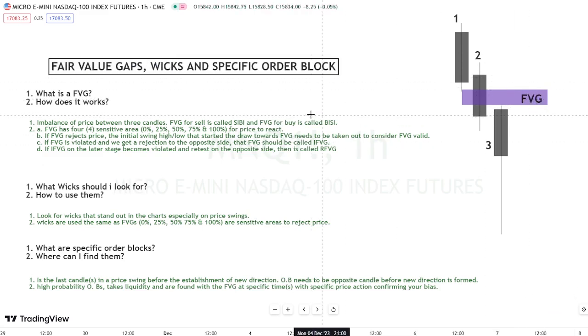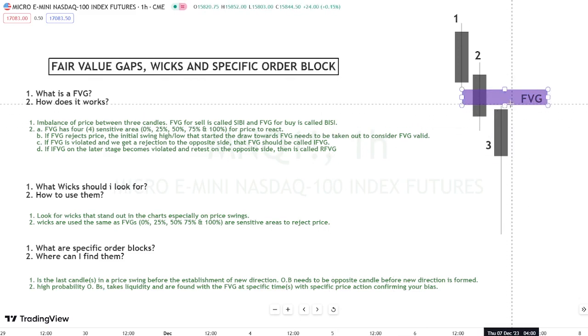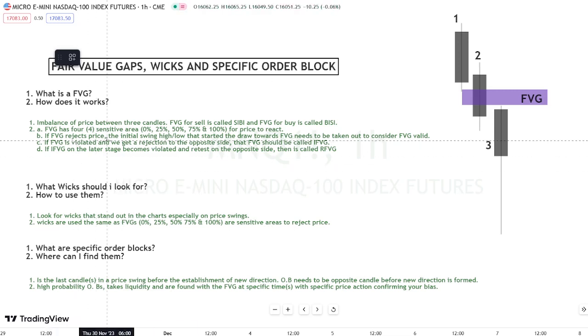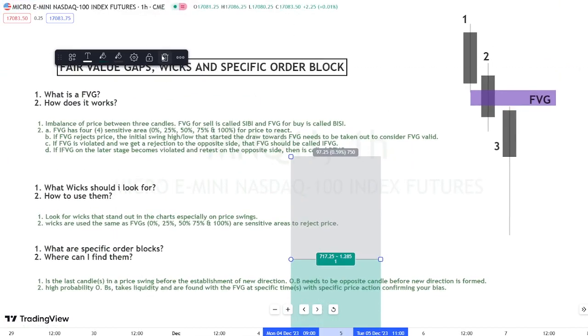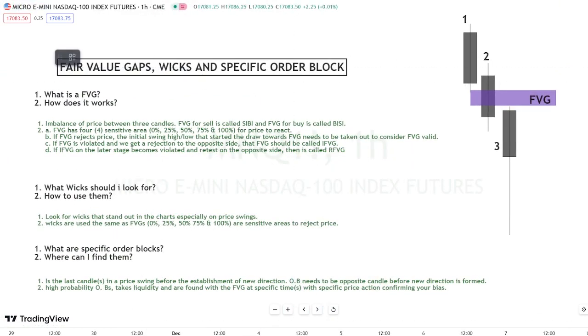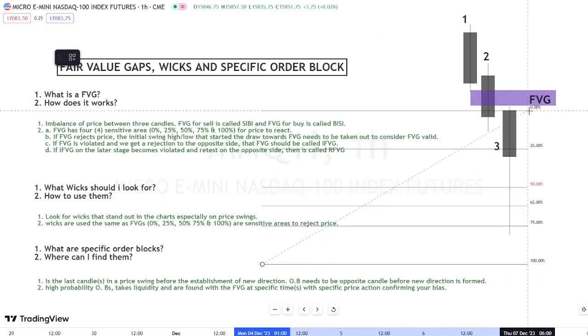So guys, this is a fair value gap. And because it's a downside, listen to this, how does it work? A fair value gap has four sensitive areas, which I need to explain right here. Not this, guys. Sorry for that. This is a Fibonacci.